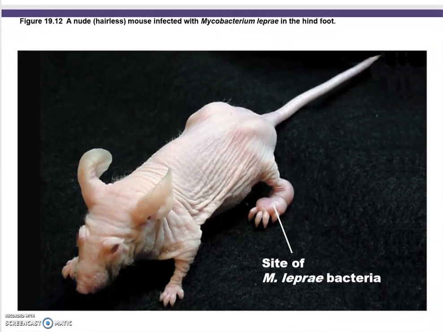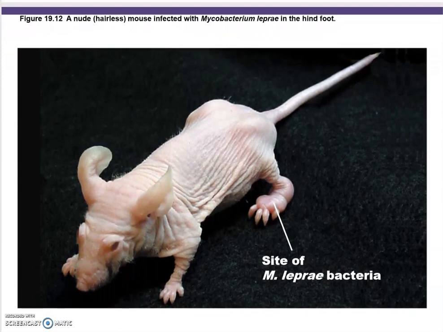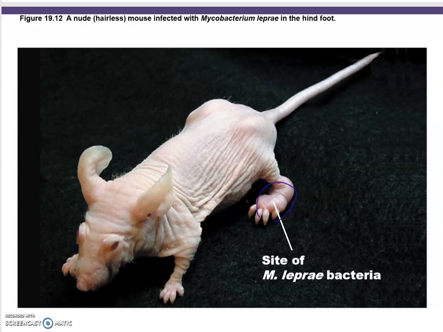And here is a mouse, a little nude, hairless mouse that was infected with Mycobacterium leprae in the hind foot, right here, the site of the infection right there. You might wonder what a nude mouse has to do with immunodeficiency. Well, here's the story.